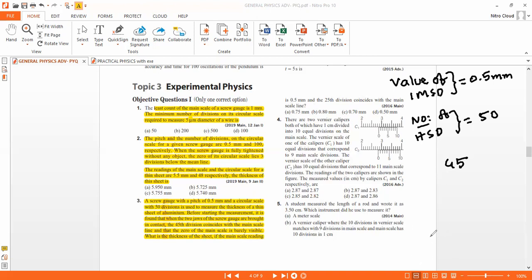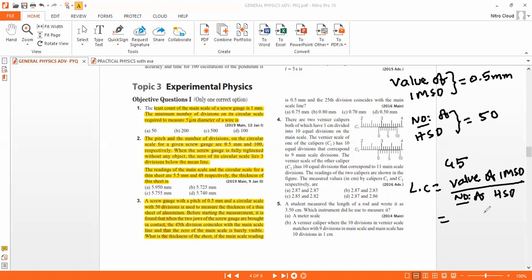Okay, 25th division coincides. Firstly, I'll find the least count. The least count formula is the value of one main scale division divided by the number of circular scale divisions or head scale divisions.